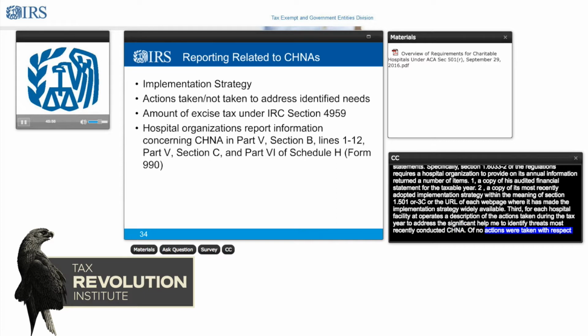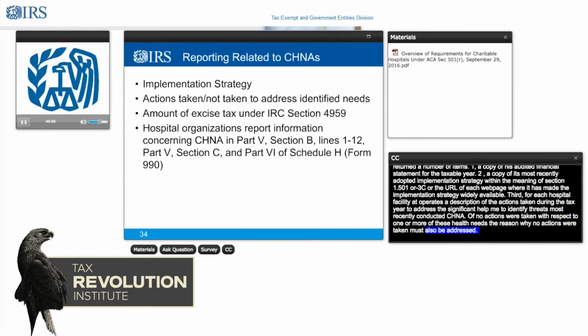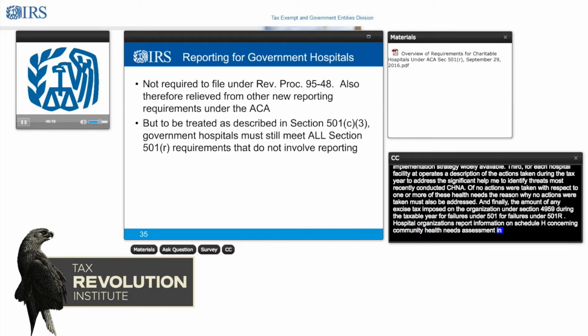And finally, the amount of any excise tax imposed on the organization under Section 4959 during the taxable year for failures under 501(r) that we'll discuss in a moment. Hospital organizations report information on Schedule H concerning community health needs assessments in Part V, Section B, lines 1 through 12, in Part V, Section C, and in Part VI.